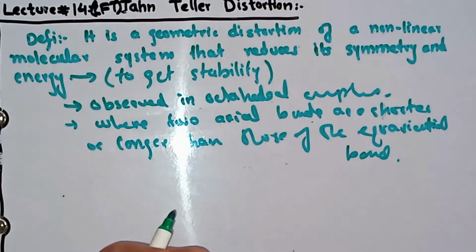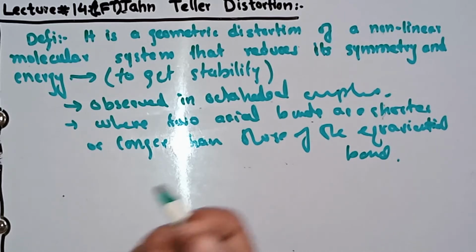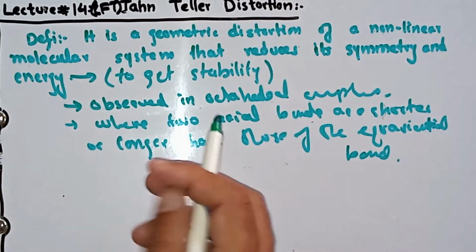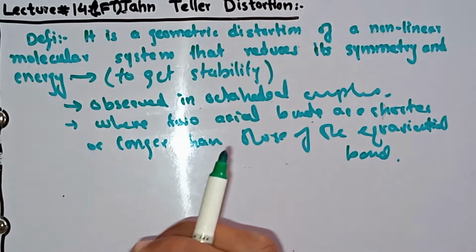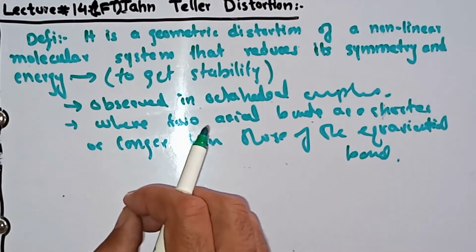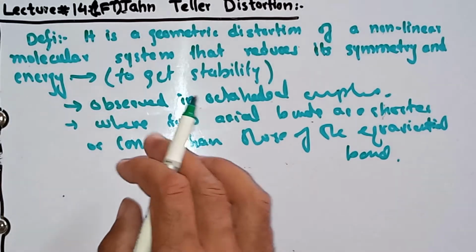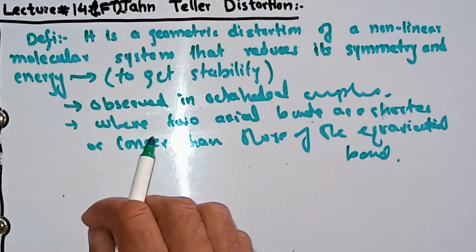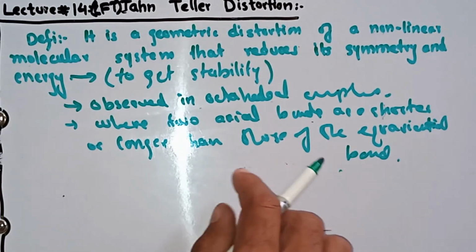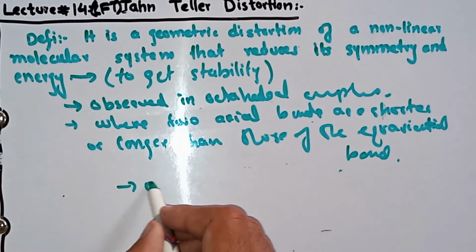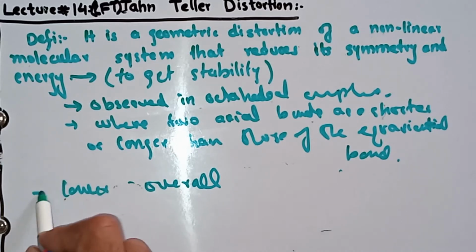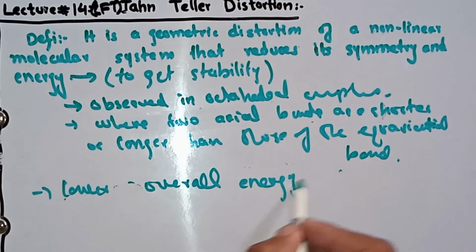The second question is, why does Jahn-Teller distortion occur? What is the reason? The first reason is that it reduces symmetry and energy. Any non-linear molecule with a degenerate electronic ground state will undergo a geometrical distortion that removes the degeneracy, because the distortion lowers the overall energy of the system.